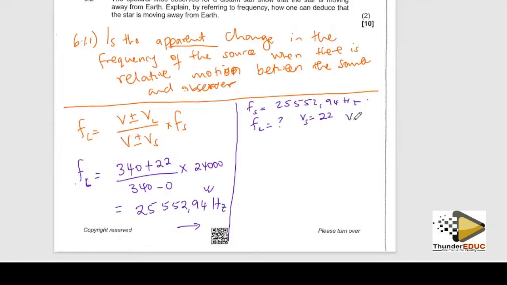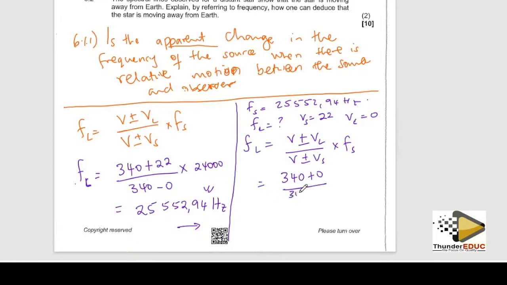Okay, the velocity of the listener is going to be 0 now. Then we do the same thing, apply (v ± vL) over (v ± vS) times the frequency of the source. So that is 340. The listener is going to be 0 since the listener is not moving.